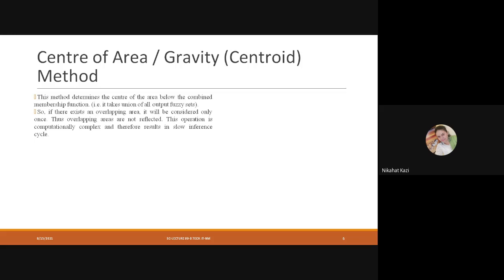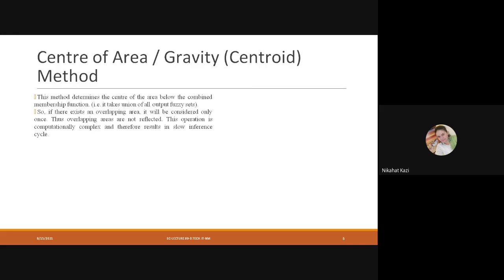What this does is you have to combine. So if you have this overall output with you, the combined membership output that you have, then you will consider that entire region, and you are going to find the centroid of that area.